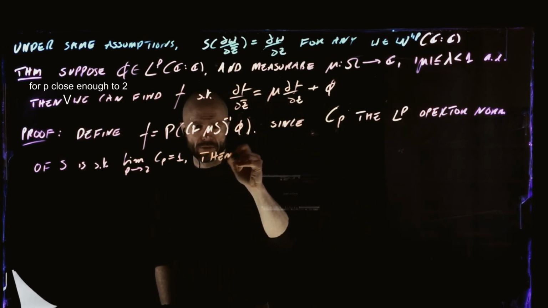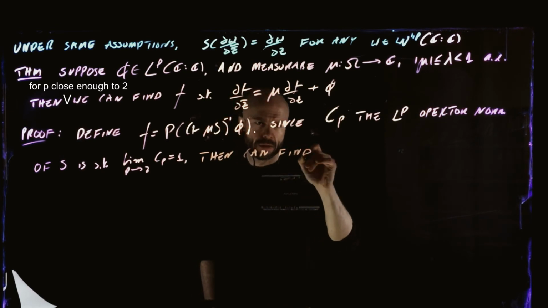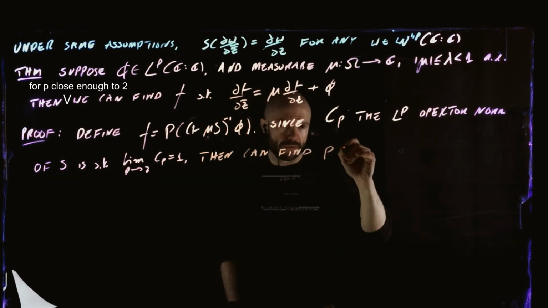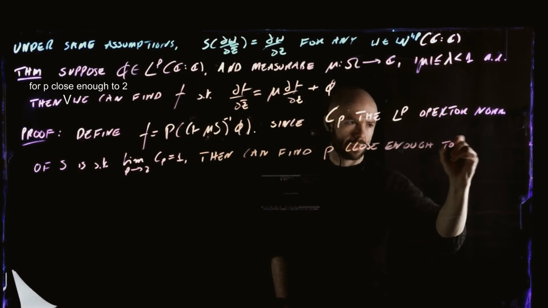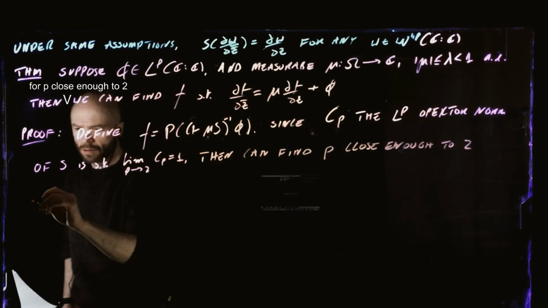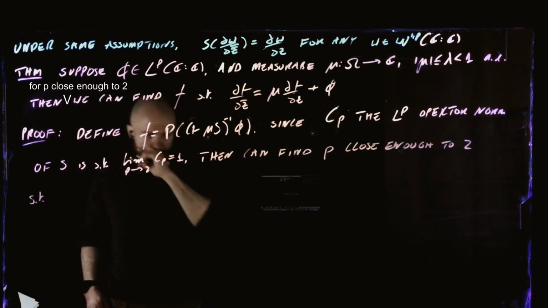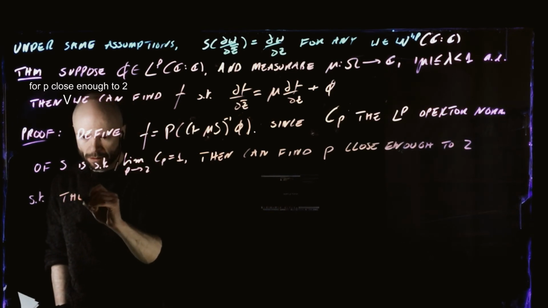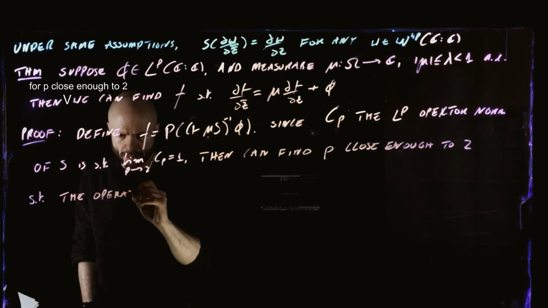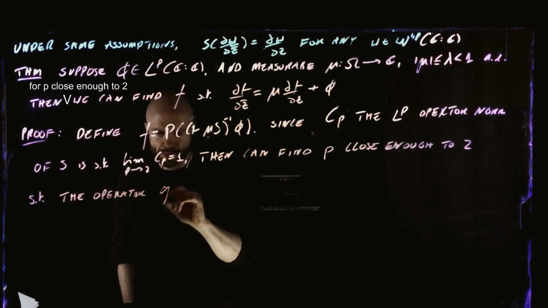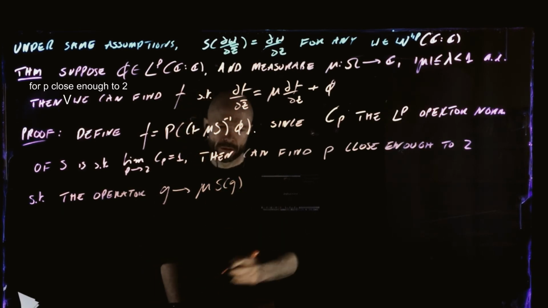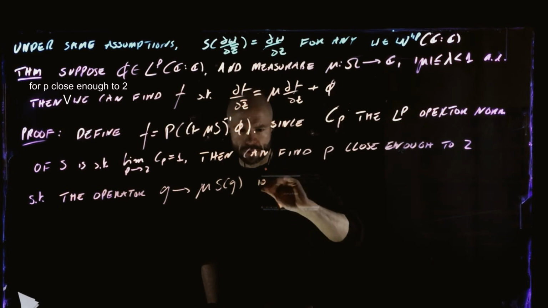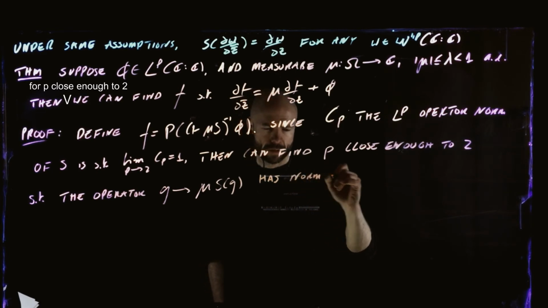So then we can find p close enough to 2 such that the operator G goes to mu times the Beurling transform of G has norm less than 1.